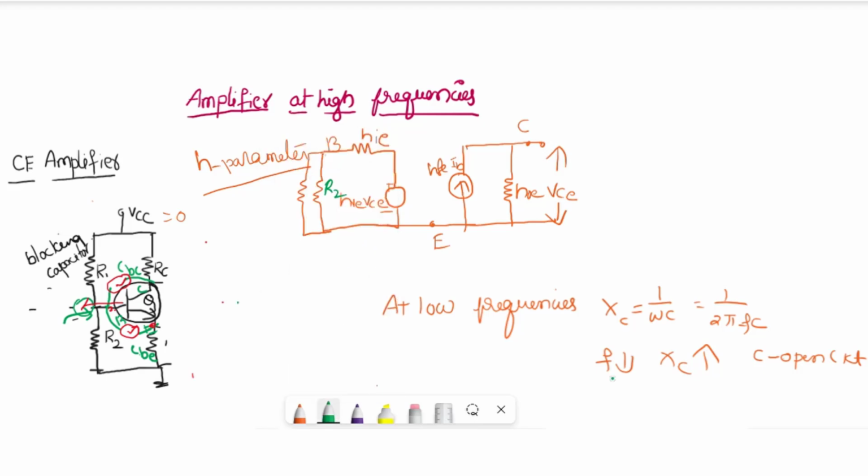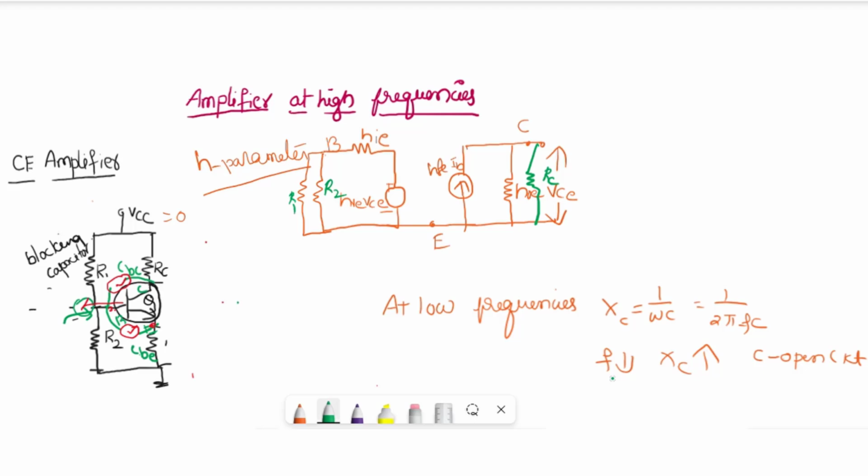This is R2 and this is R1. And this collector resistor RC also comes in parallel with HOE. So this is totally the H parameter model of this transistor amplifier circuit.